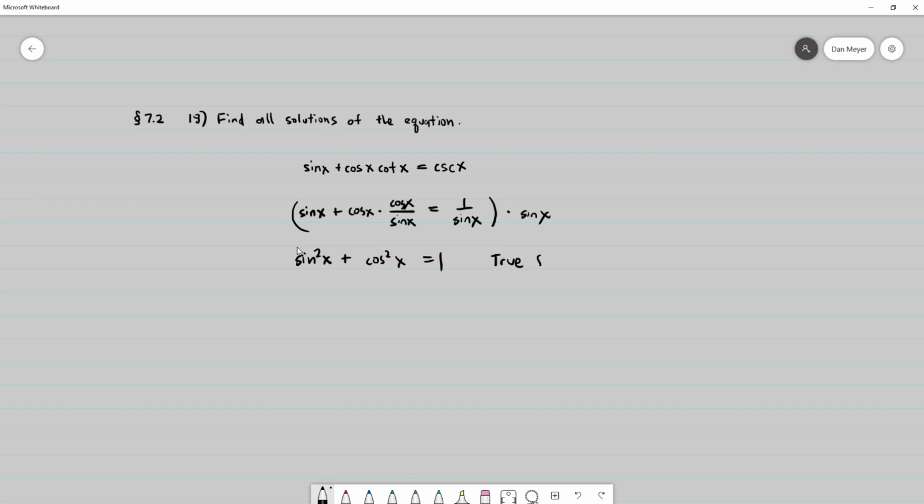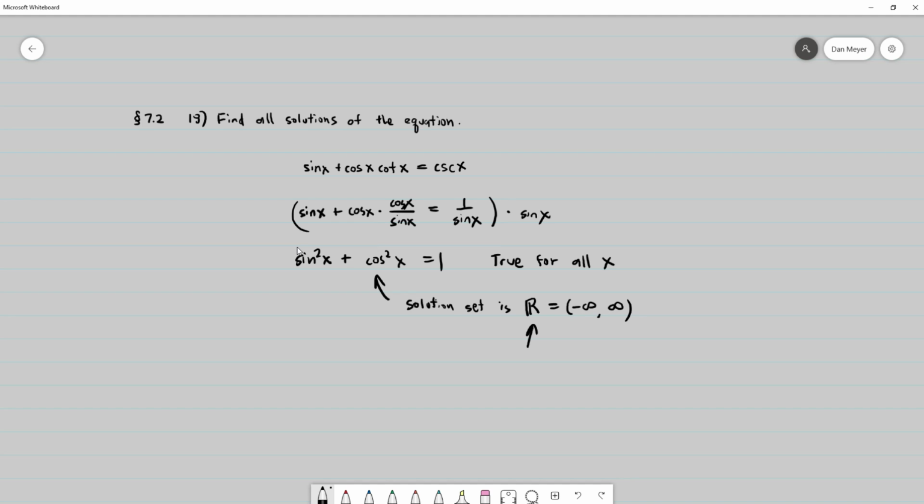Every value is a solution. So you're tempted to say, all right, our solution set is all real numbers. That's called Blackboard Bold R, the symbol used to denote all real numbers. In interval notation, this would be minus infinity to infinity.